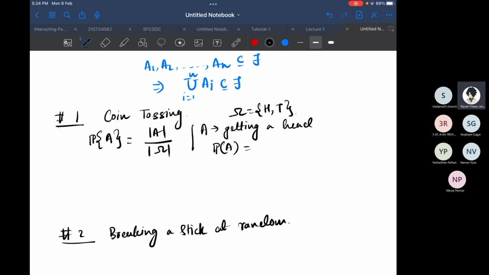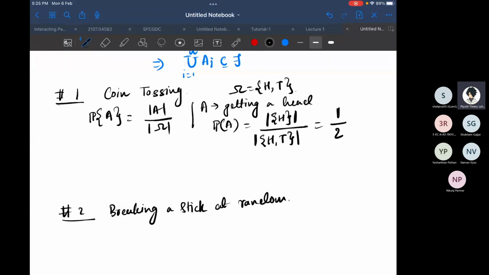There is only one outcome that is of interest to me, when I get a head, so I take this cardinality, and I take the cardinality of omega, which is heads comma tails. This has cardinality 1, and this has cardinality 2. So the probability comes out to be half.